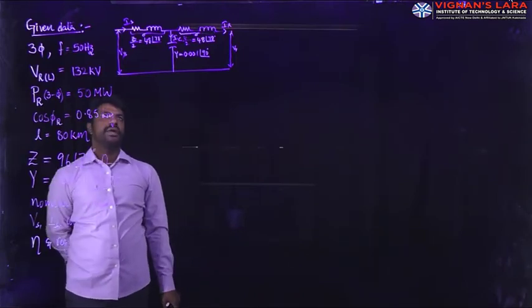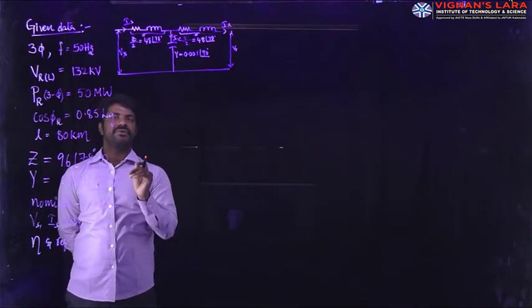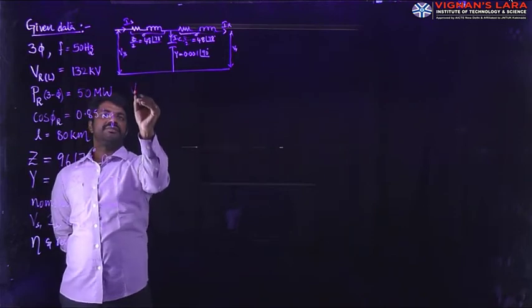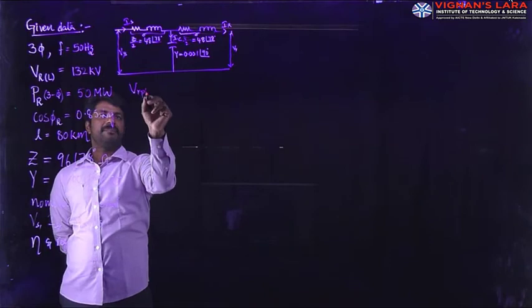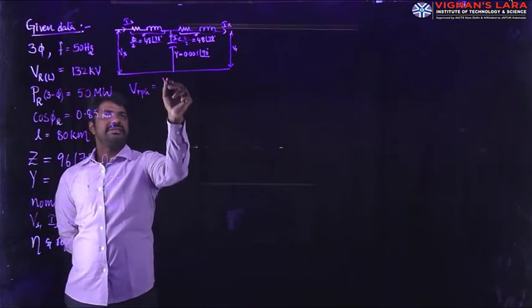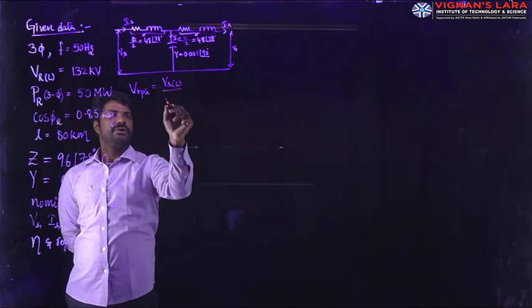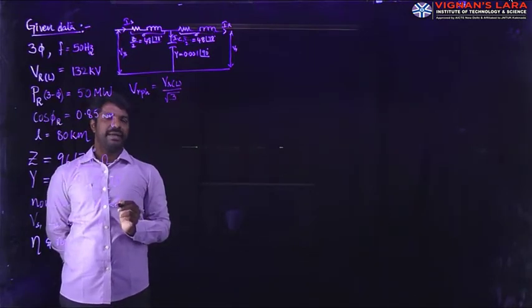Before that, we have to convert all these line values to phase values. So let me first calculate the phase value on the receiving end side. The receiving end voltage VR per phase is equal to the line-to-line value divided by root 3, as the formula is V phase equals VL by root 3.